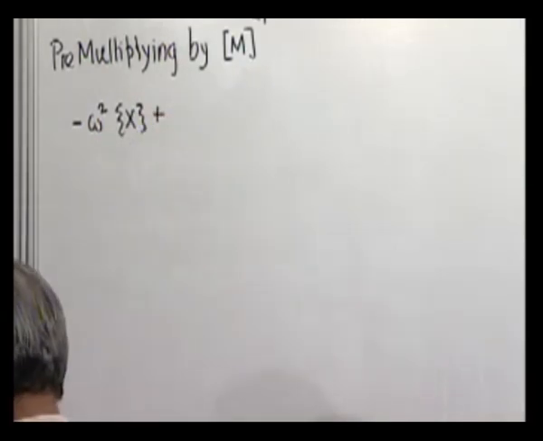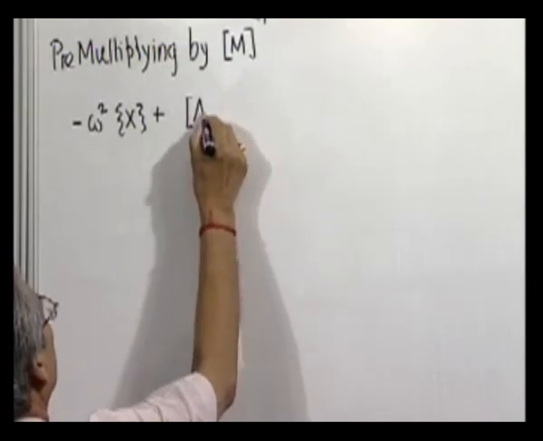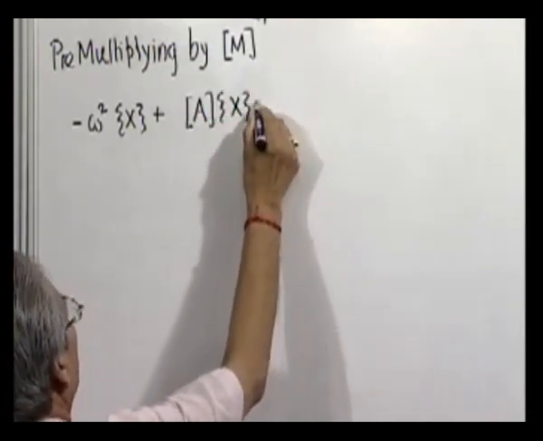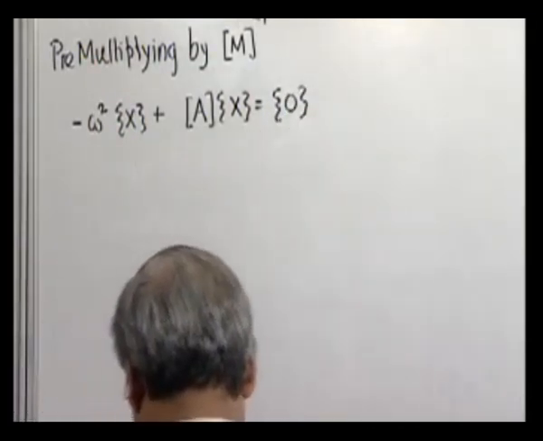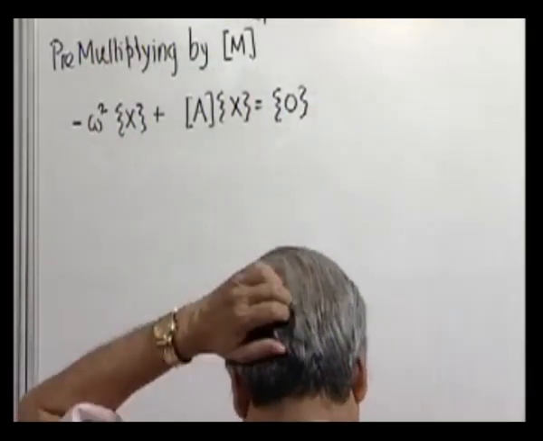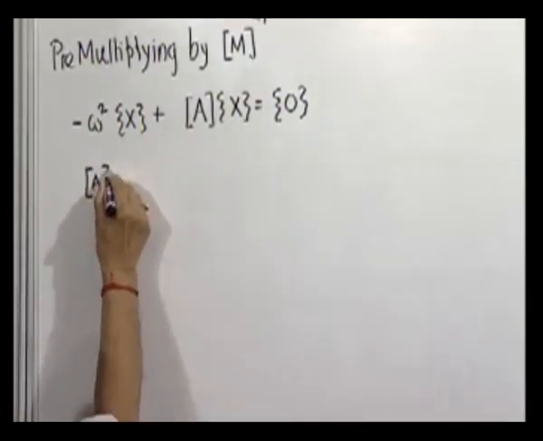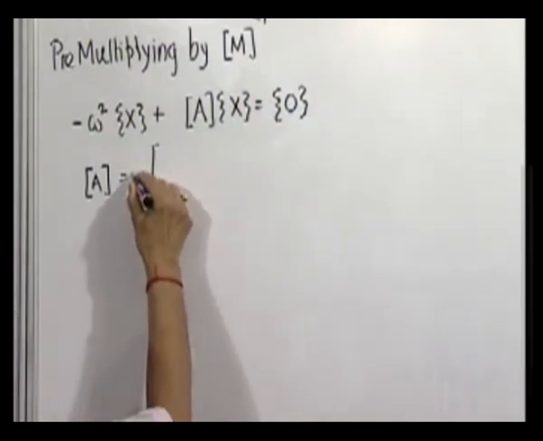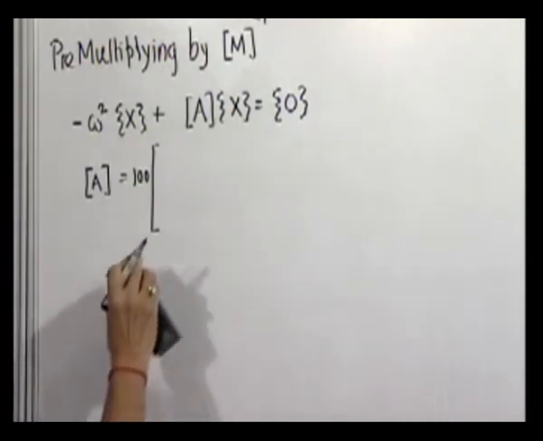Now M inverse into K will be the A matrix, and the A matrix in this particular case will be, we can take common outside.